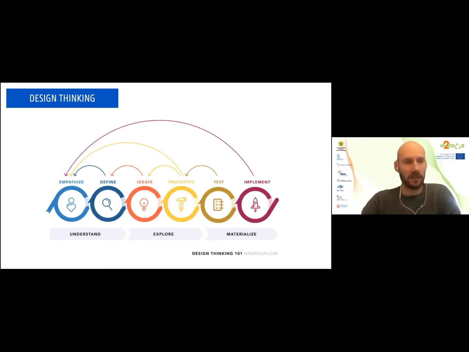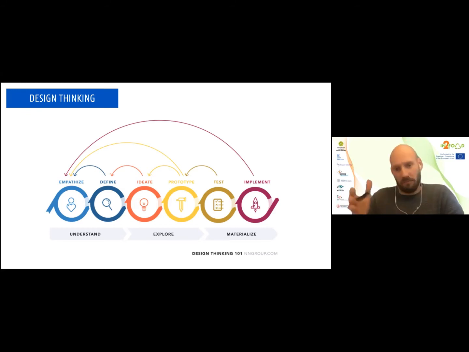So we call this diverging and converging, this creative mindset. And we always select ideas and then put them into tangible prototypes in order to test which things work, which things don't work, and then we iterate on them. So you see a lot of these arrows. So we focus a lot on iteration.